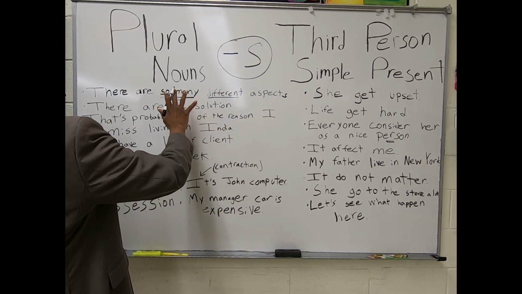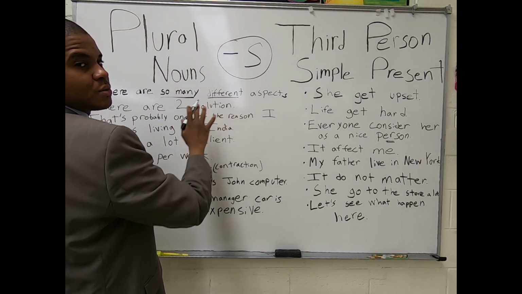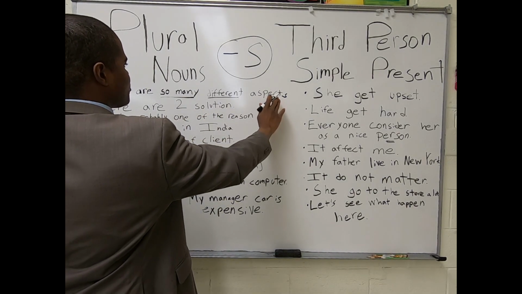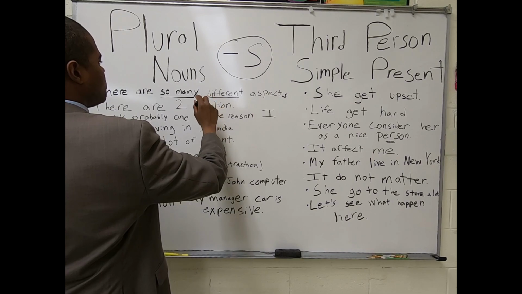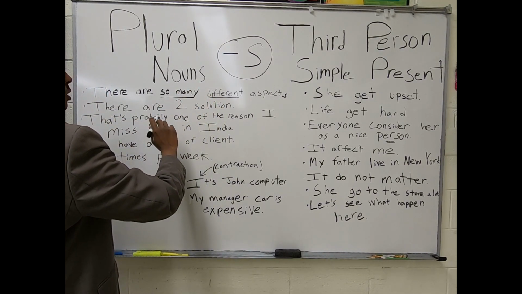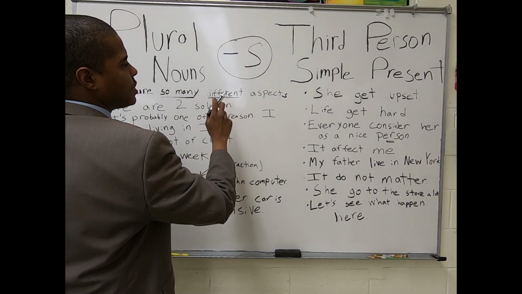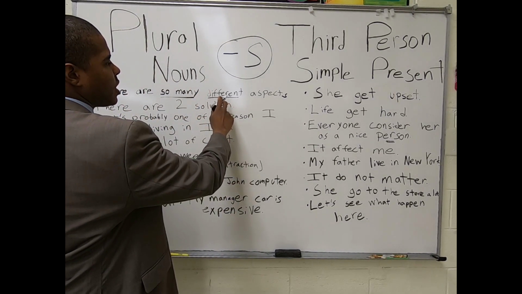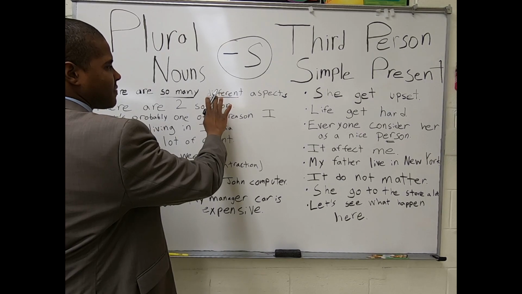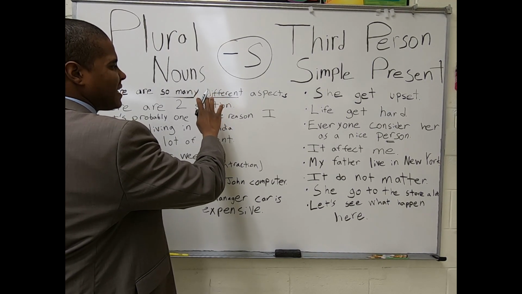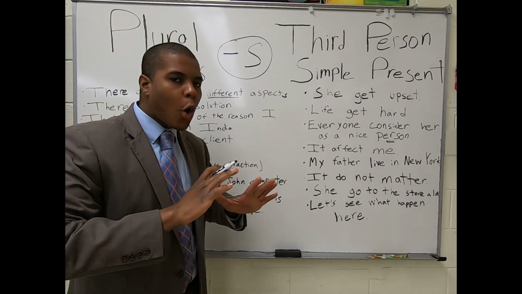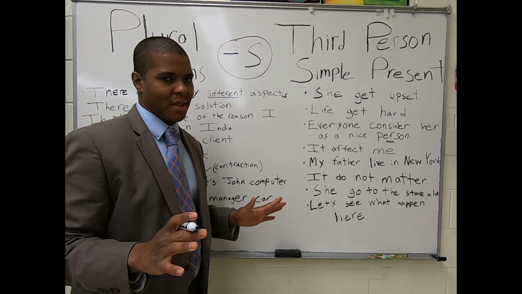So we have two clues here. Two things that tell us that we should have an S here. Now, we obviously know many, but let's talk about different. So the thing with different is that if we say there are so many different, because we use the word different, we already know there's more than one.